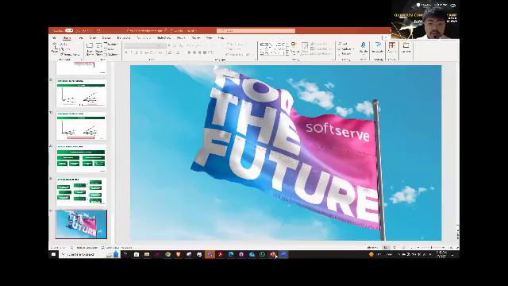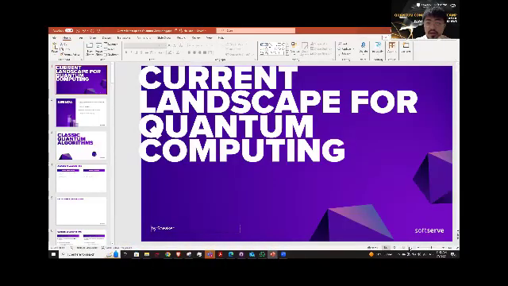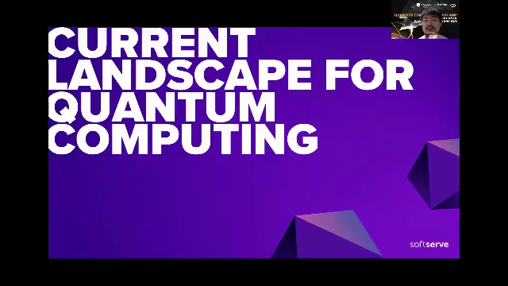Okay. So the reason why we chose this point to go through the current landscape for quantum computing is because you've just passed through, I think, a vast majority of the classic quantum algorithms that people have seen, that people have talked about.